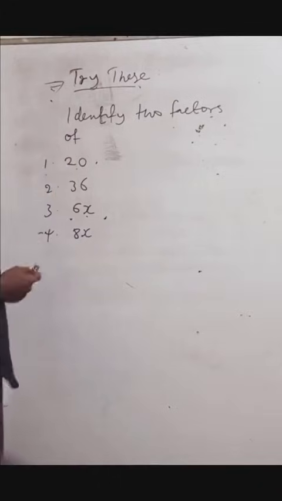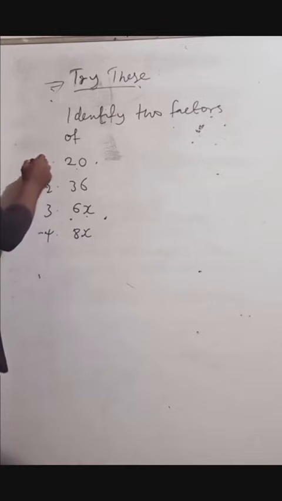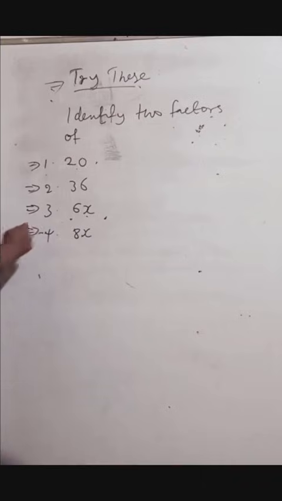Identify two factors of number one, 20, number two, 36, number three, 6x, and number four, 8x.